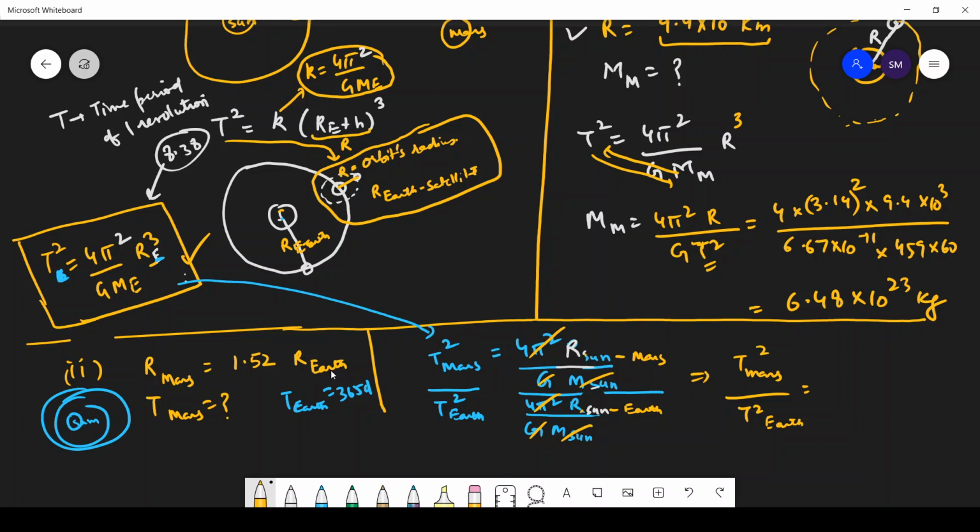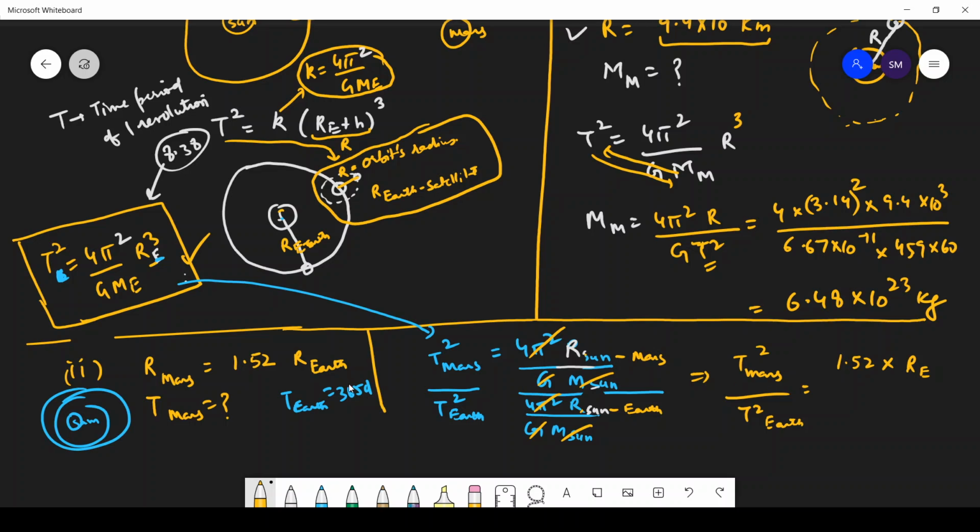So let us put this value of Mars, that is 1.52 into the orbital radius.